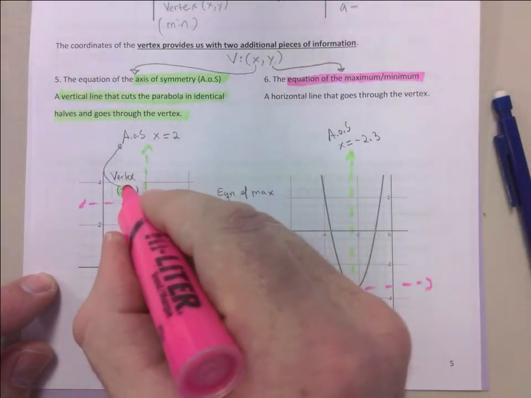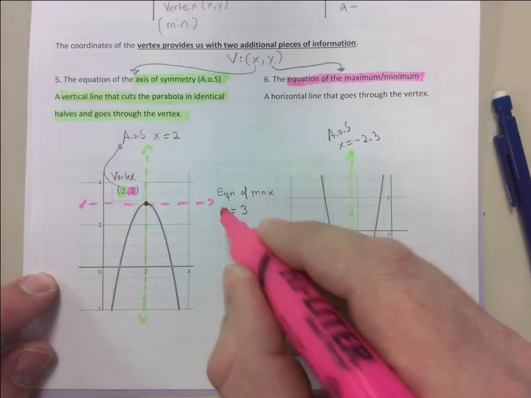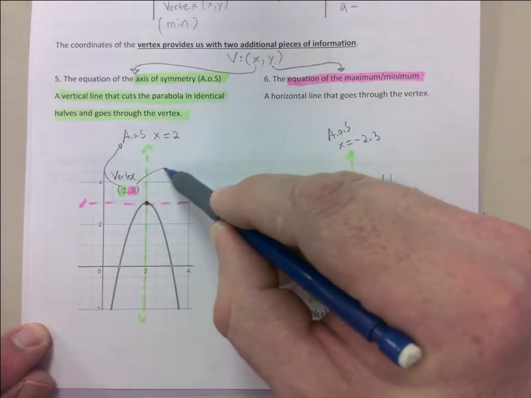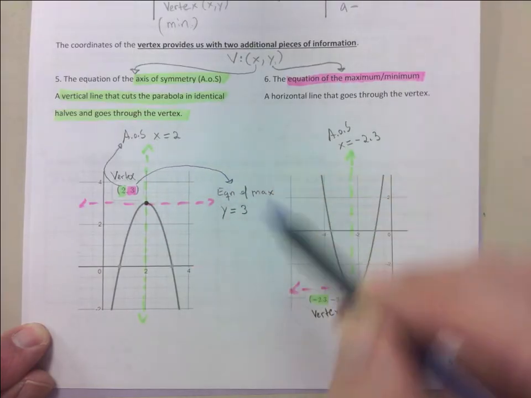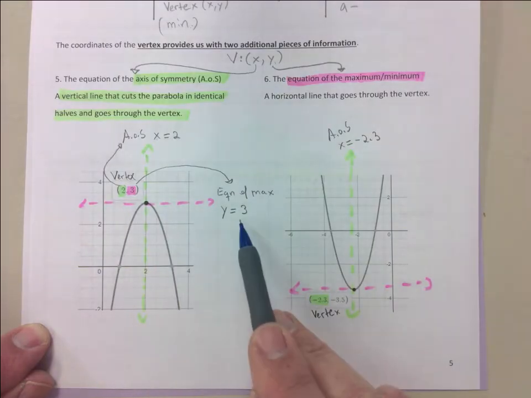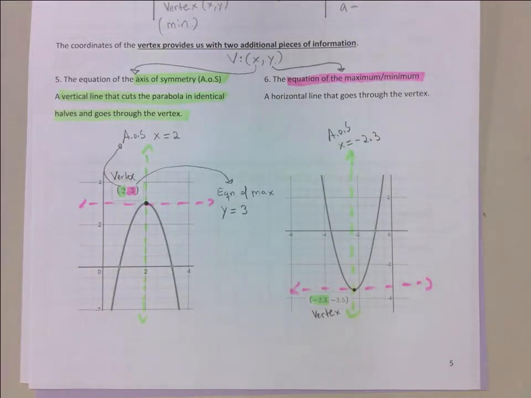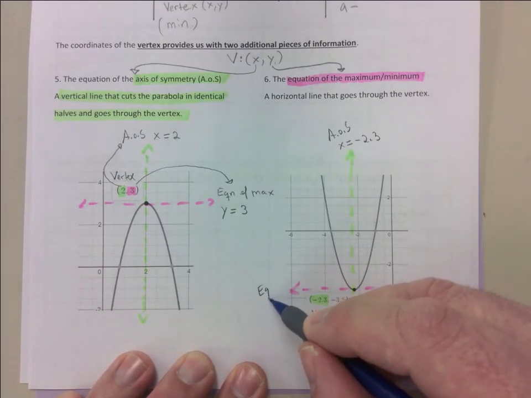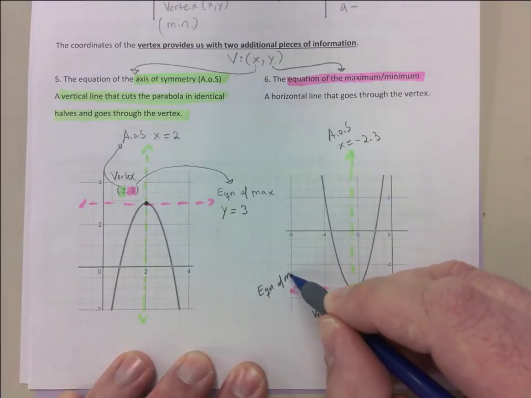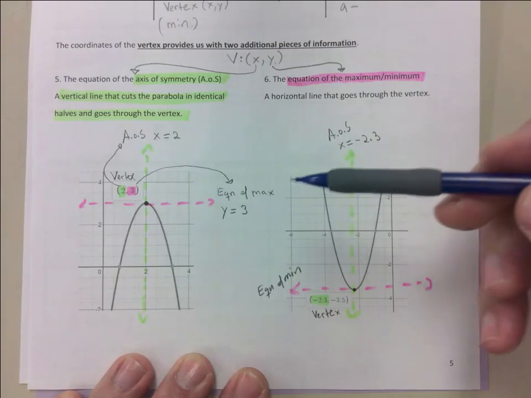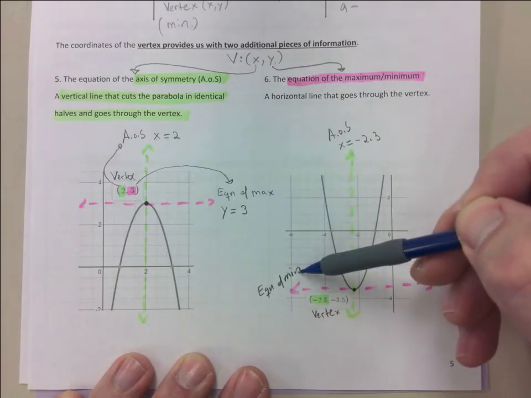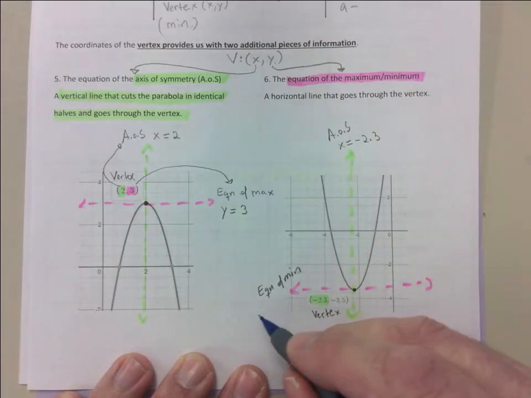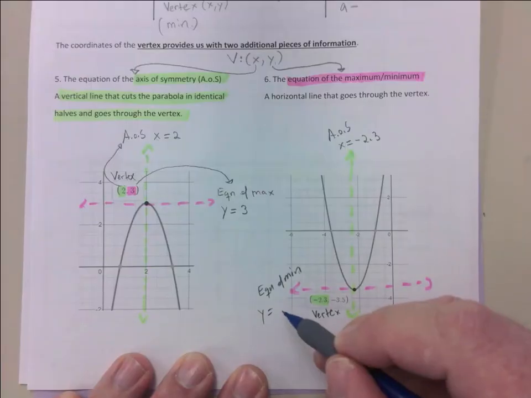I'm going to highlight this with the color that I have for my axis of symmetry. For this example right here, I'm just going to say that the y value of the vertex gives me the equation of the max. This one right here is the equation of the min. That's why I will always say state the equation of the max slash min. You're going to have to tell me, or you're going to have to just pick the right one. Here it's going to be y is equal to negative 3.5.